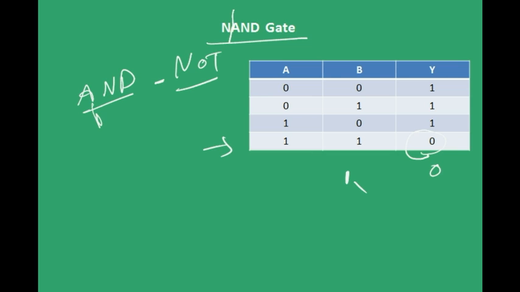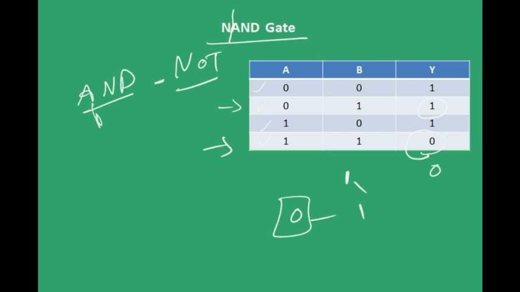Observe this. And similarly take another operation, this one. 0 and 1, right? First perform AND. 0 and 1 is 0. And NOT of this output is 1. Hence you have the output as 1 here. And similarly you have all these things. And here also the NAND gate can take multiple inputs.